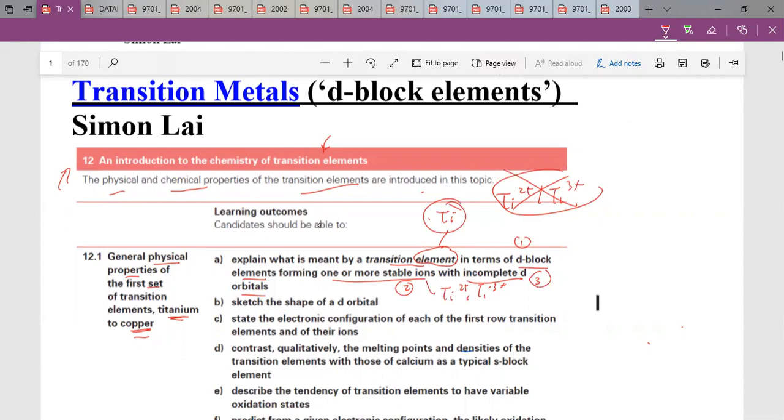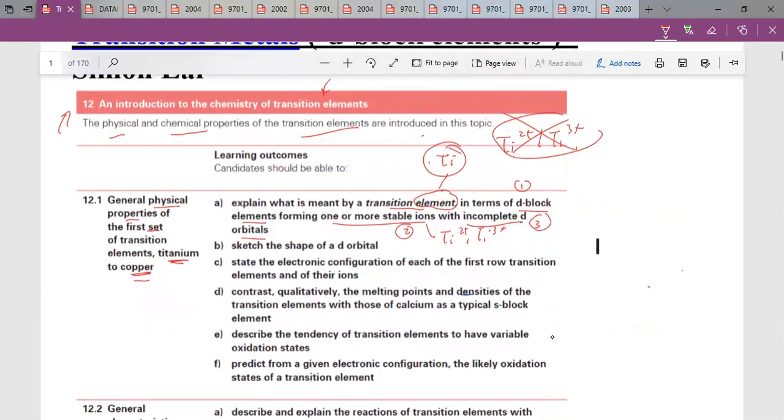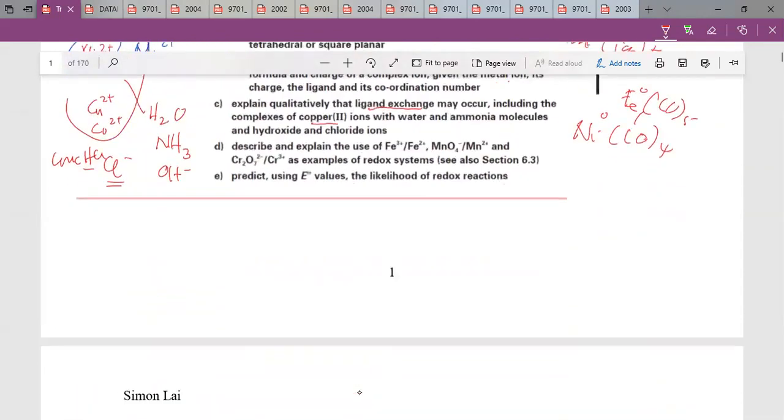Now, let's go to here first. We forget the sketch of d orbitals first, because later we can talk about that in the color. State the electron configuration for each of the first row of the elements and the ions. So let's talk about this first.